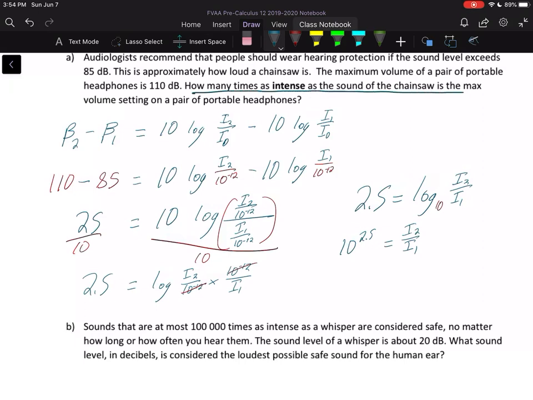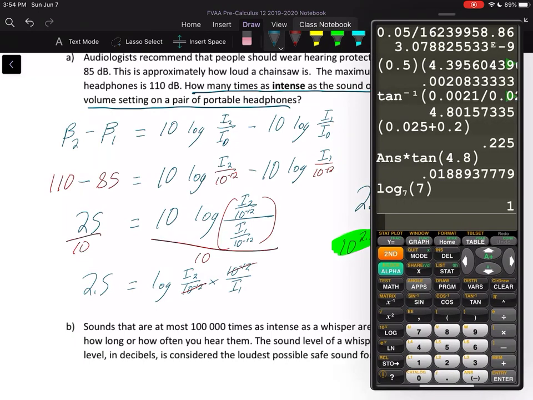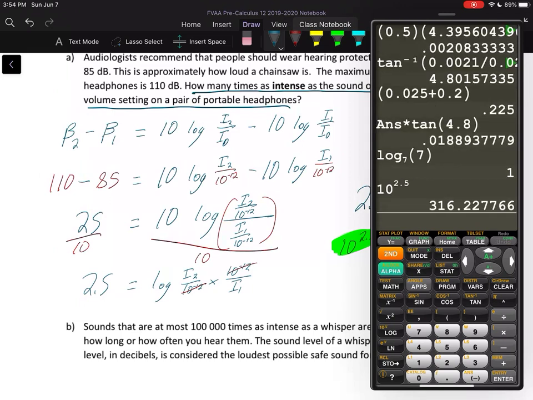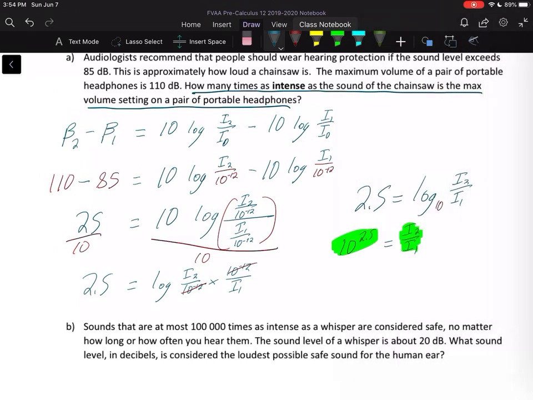How many times more intense is I2 than I1 is essentially this fraction here, and the answer then would be 10 to the 2.5. Okay, and if you want to know what that is, it is 316 times louder.